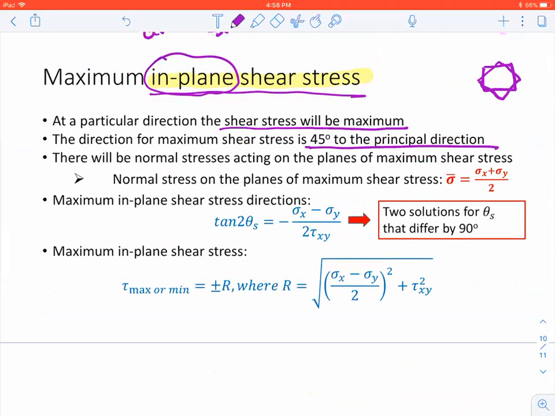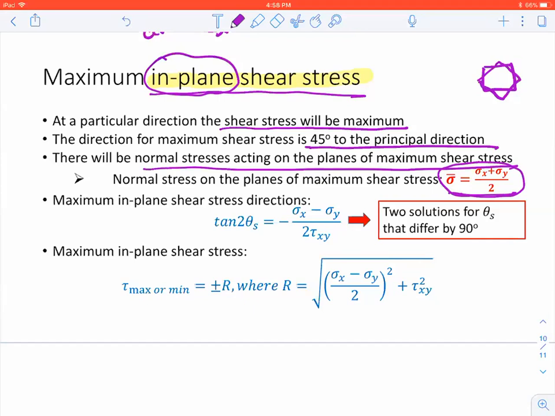So there will be normal stress acting on planes for maximum shear stress. Wherever you see maximum shear stress, not only is your shear stress maximum, you're also going to see some normal stress there. And the value of that normal stress is going to be the average of sigma x and sigma y, which is sigma x plus sigma y divided by 2.